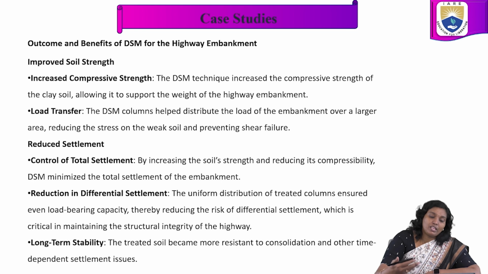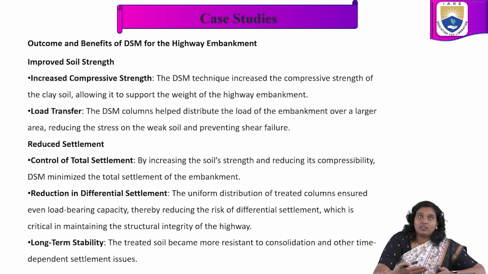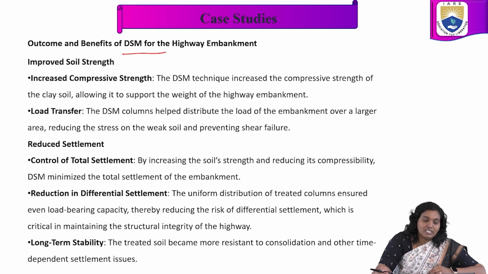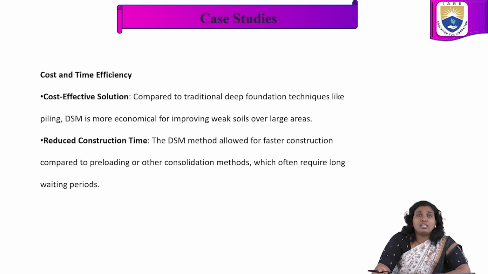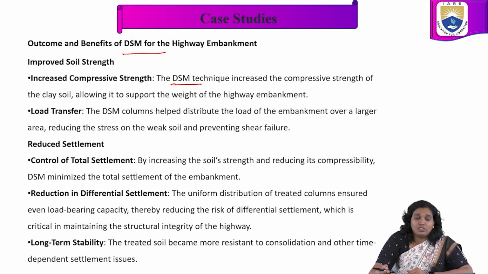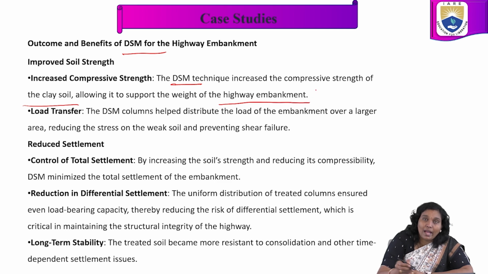Now, considering the highway abutment as our case study, the outcomes of deep soil mixing are improved soil strength, reduced settlement, and cost and time efficiency, which are also the benefits of DSM. For improved soil strength, the technique increased the compressive strength of the clayey soil, allowing it to support the weight of the highway embankment.